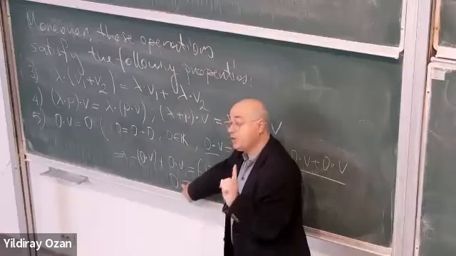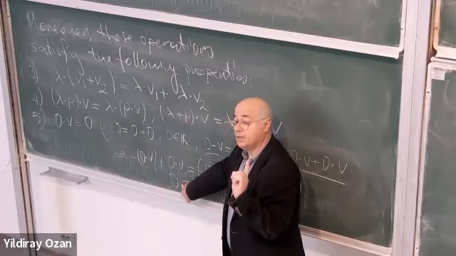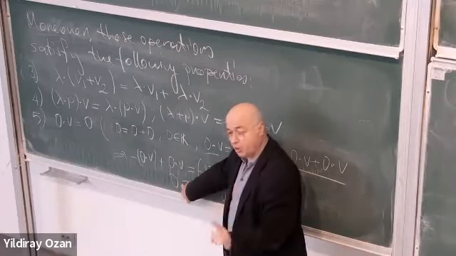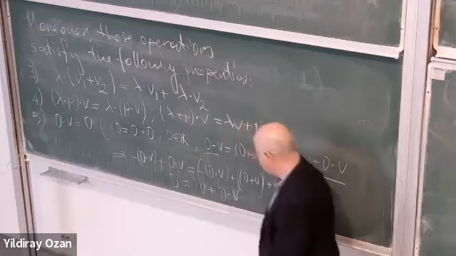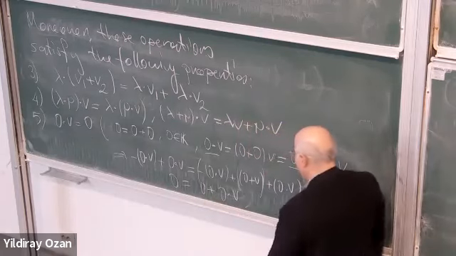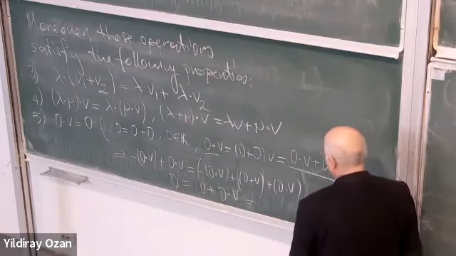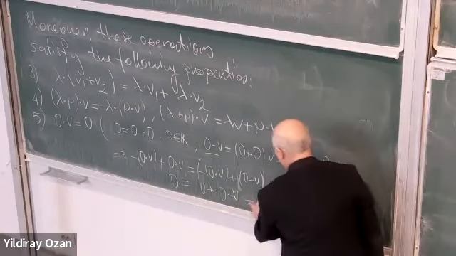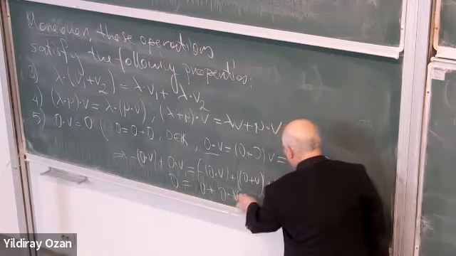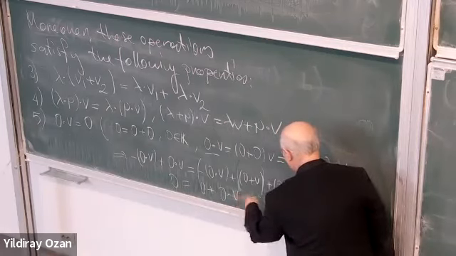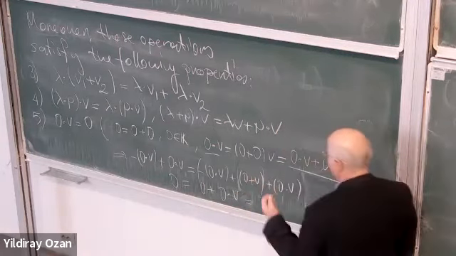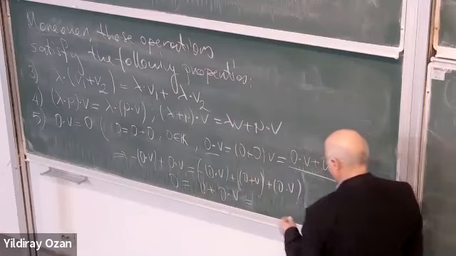Here, this 0 is the 0 element in the vector space, so the 0 element of the abelian group. And it is equal to this one, since adding the 0 element to something doesn't change anything. It is the identity element of the abelian group.